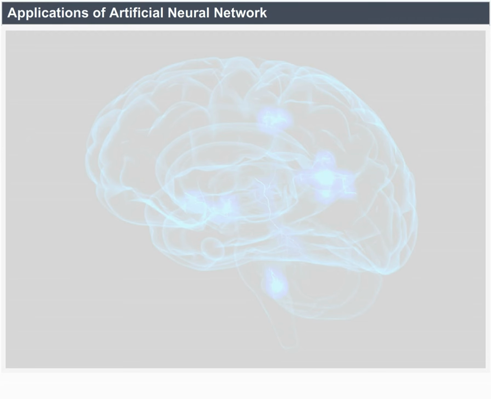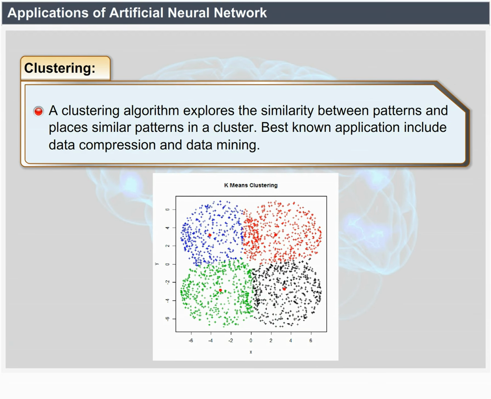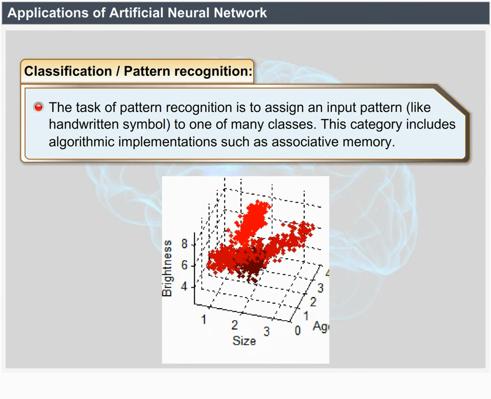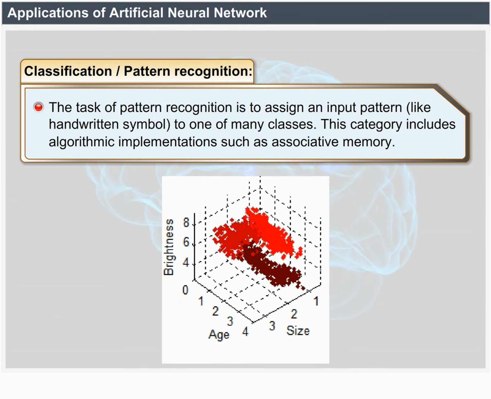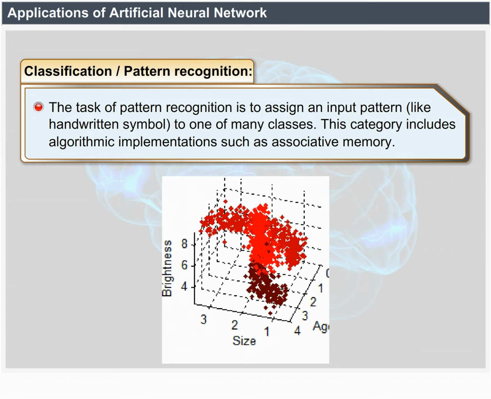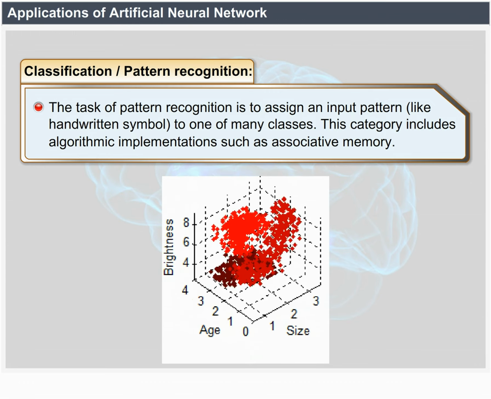Applications of artificial neural network. Clustering. A clustering algorithm explores the similarity between patterns and places similar patterns in a cluster. Best known applications include data compression and data mining. Classification, pattern recognition. The task of pattern recognition is to assign an input pattern, like handwritten symbols, to one of many classes.